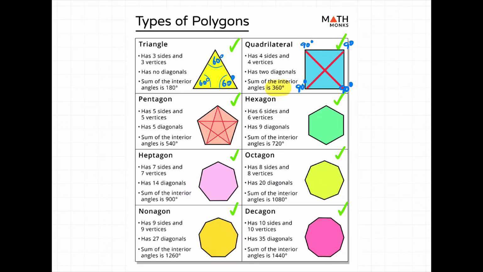So in this case, there are 5 diagonals, and it says that the sum of the interior angles is 540 degrees. So I just want to take 540 and divide that by 5, and we're going to get 108 degrees.